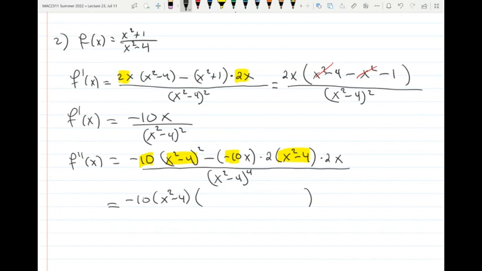What's left? Let's see, from the first term, if I take out the negative 10 and x squared minus 4, what's left? x squared minus 4. Another x squared minus 4. Minus, so from this thing over here, I'm taking out negative 10 and this guy. So what's left? A 4x squared.